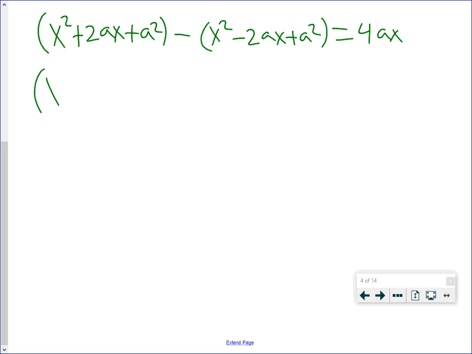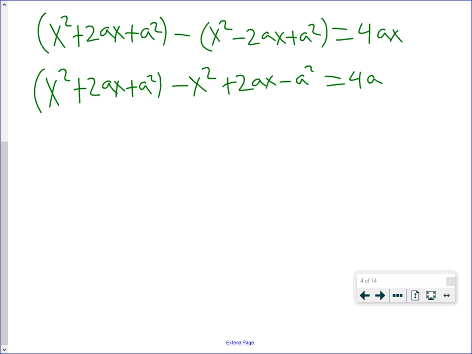So let's bring down the first polynomial, x² + 2ax + a². We'll distribute that negative, so we get −x² + 2ax − a², and that should all equal 4ax. Now that we distributed the negative, we want to add like terms.